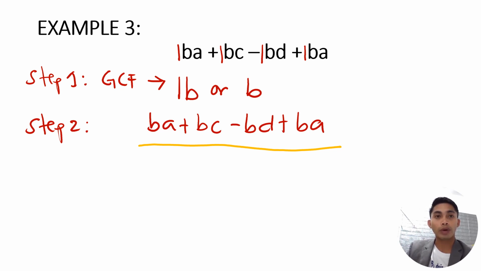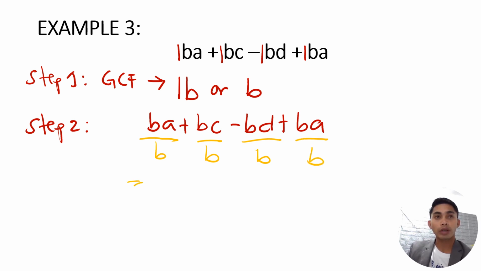So we need to divide each term by this GCF. So divided by letter B: BA over B, BC over B, negative BD over B, then positive BE over B.